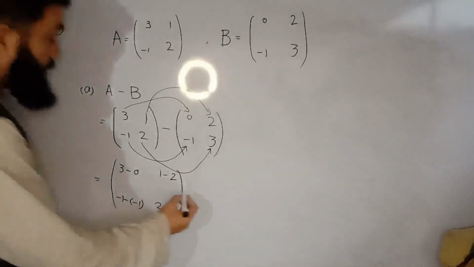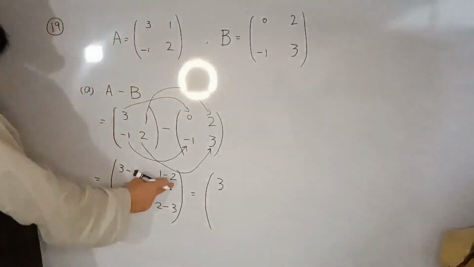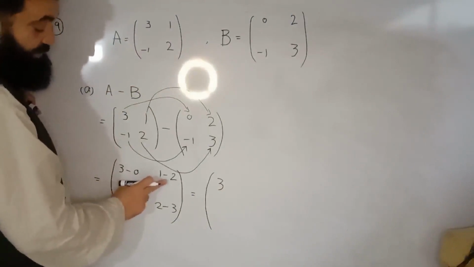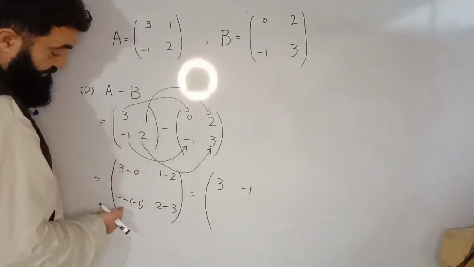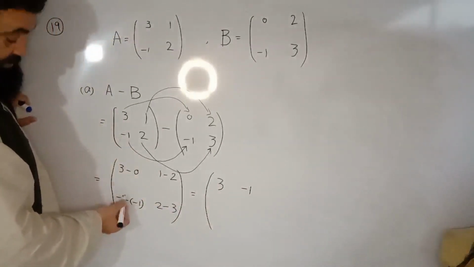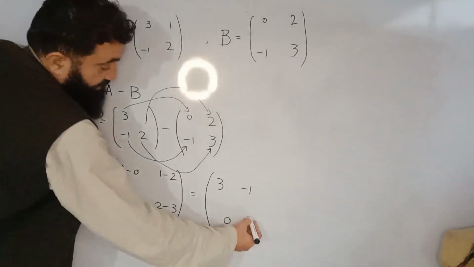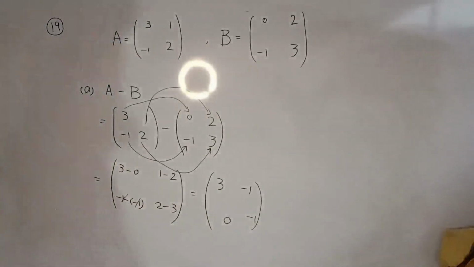So 3 minus 0 is 3. 1 minus 2: you have to subtract a bigger number from a smaller number, so the answer will be negative, minus 1. Then 2 minus 2 is 0, and minus 1 minus minus 1 becomes plus 1, so they cancel and the answer is 0. Then 2 minus 3 is minus 1. So this is the answer of A minus B: [3, minus 1; 0, minus 1].